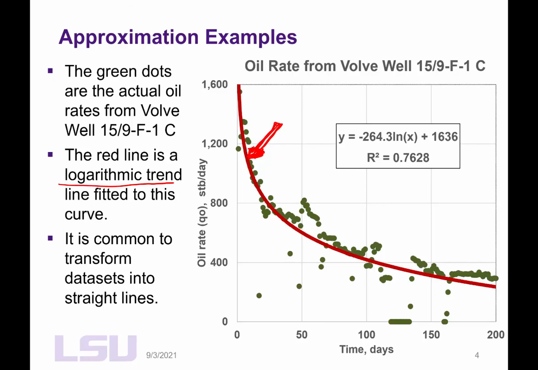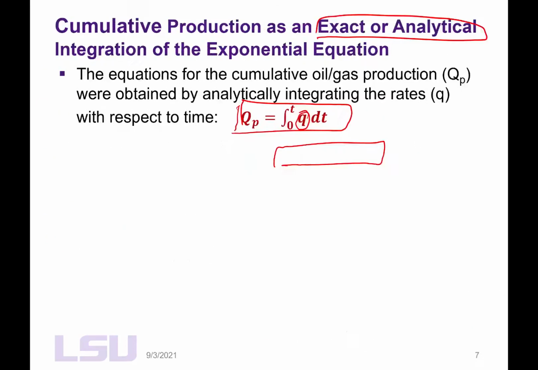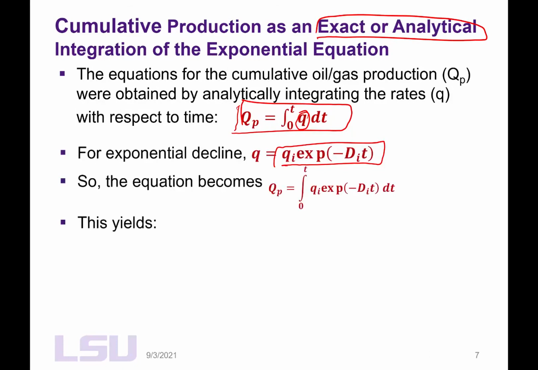How closely this red line matches the observed historical rate, which is from the well field, meaning these rates were obtained from flow meters installed at the top of this well on the North Sea. But that is the true value. How closely this approximation matches the true value is accuracy. Very important. And that's different from precision.